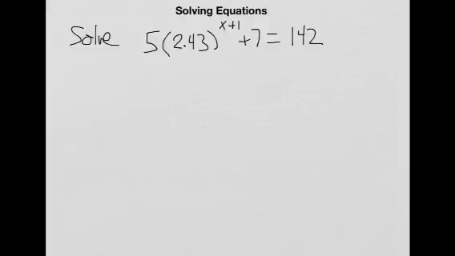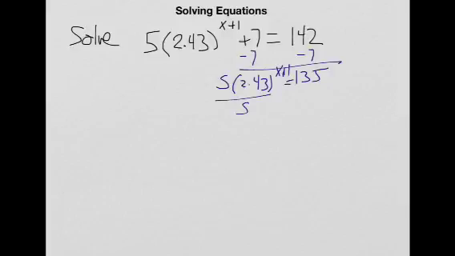We'll subtract the 7, and we'll get 135 is 5 times 2.43 to the x plus 1. I'll divide by 5. I get 2.43 to the x plus 1 equals 27.